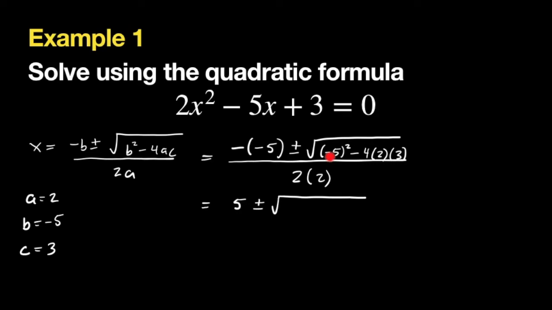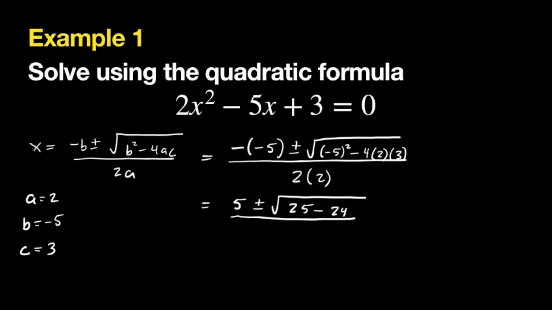The first part is negative 5 to the second power. Negative 5 squared is going to give us 25. Minus, we have 4 times 2. That's going to give us 8. 8 times 3 is going to give us 24. So this is going to be minus 24.